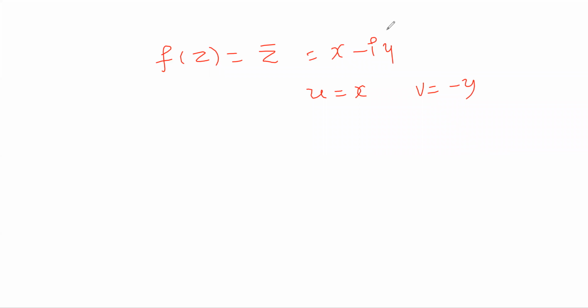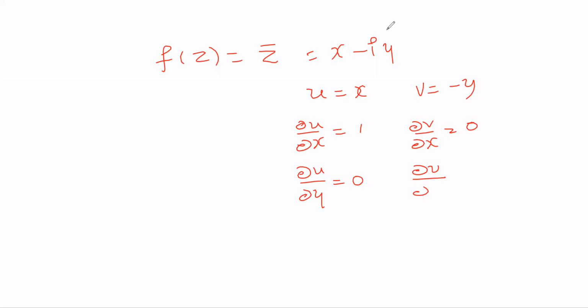Now find out the partial derivatives. Dou u by dou x is 1. Dou u by dou y is 0. Dou v by dou x is 0. Dou v by dou y is minus 1.